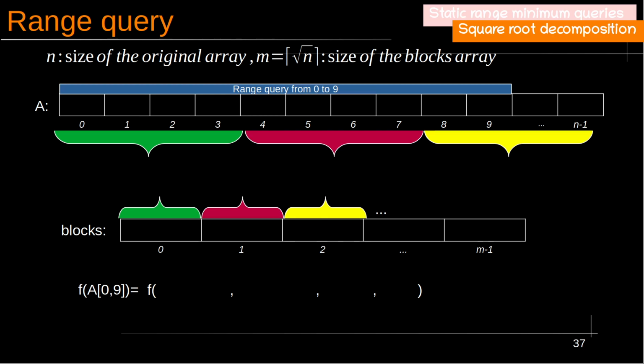It could be the sum, the minimum, the max. I don't care about the function here. Any function will go here. So we put the pointer at the left boundary. So f of a between 0 and 9 will be what?